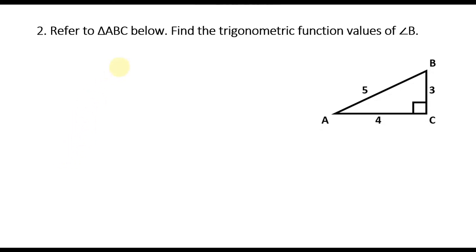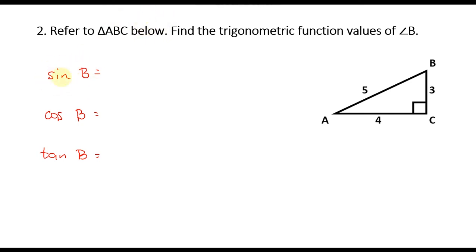Second example. Refer to triangle ABC below. Find the trigonometric function values of angle B. So this time, we're going to look for the trigonometric function values of angle B. Again, let's write sine B, cosine B, tangent B. Again, remember the mnemonics for sine, cosine, and tangent.